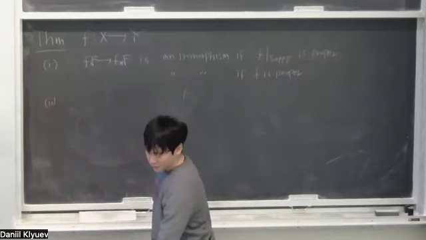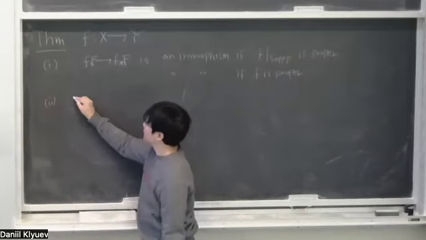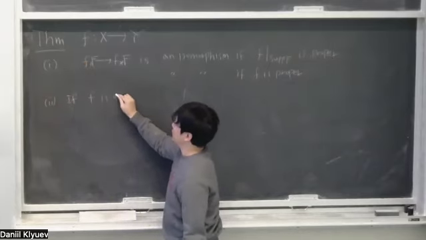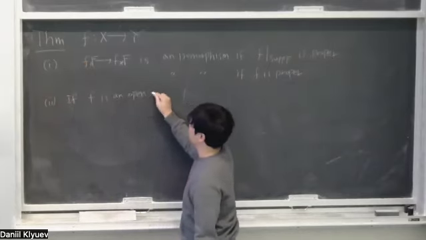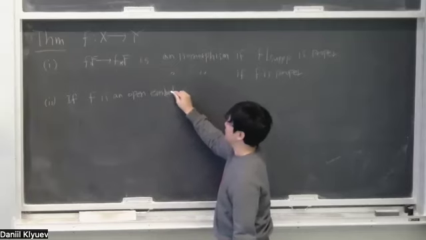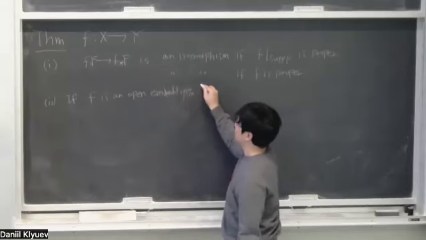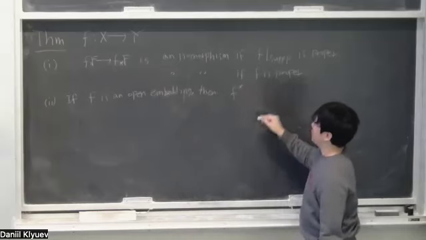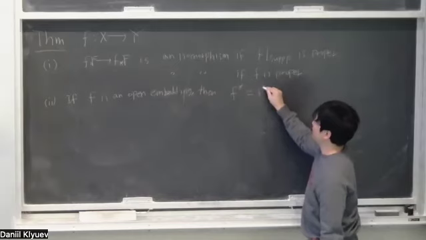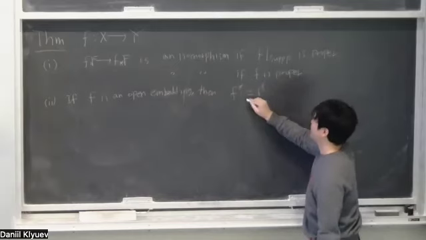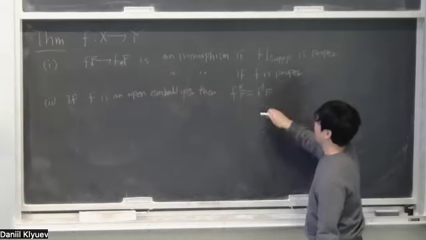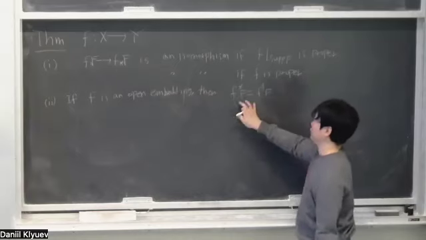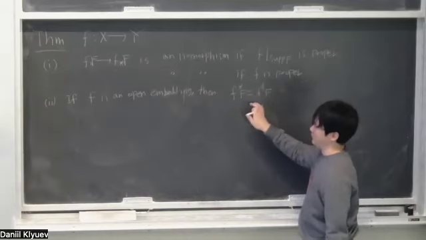Second case, if f is an open embedding, then upper star and upper shriek are naturally isomorphic. So we can exchange upper star and upper shriek in this case.